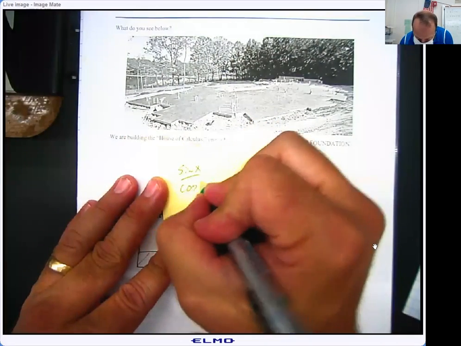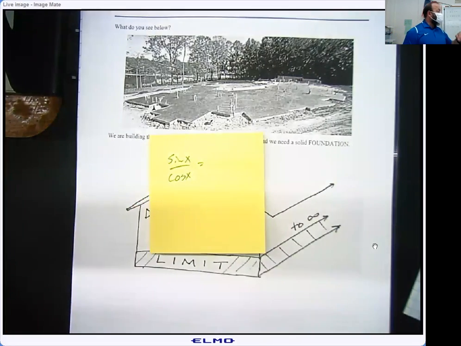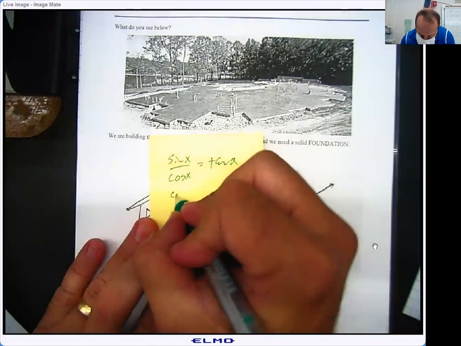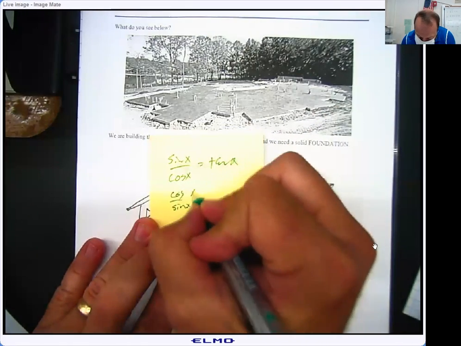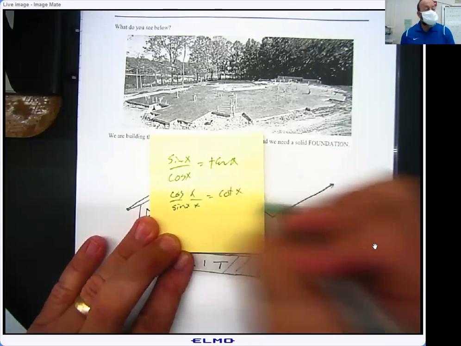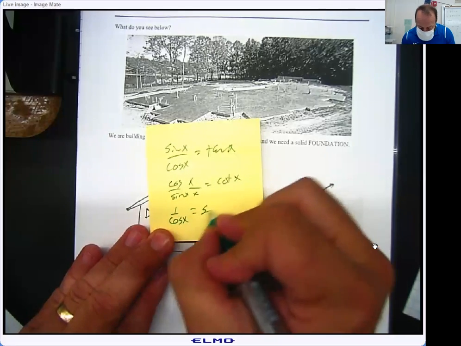What was sine over cosine? Olivia asked what SEC was. Sine over cosine is tangent, right? Okay. We could say that cosine over sine, what was that one? That was cotangent. 1 over the cosine is the secant.